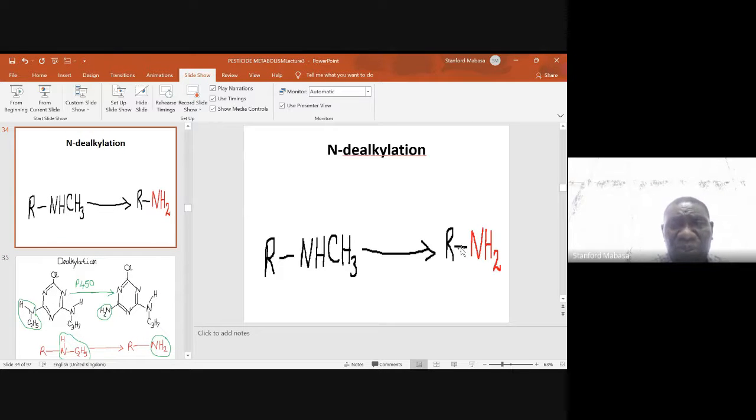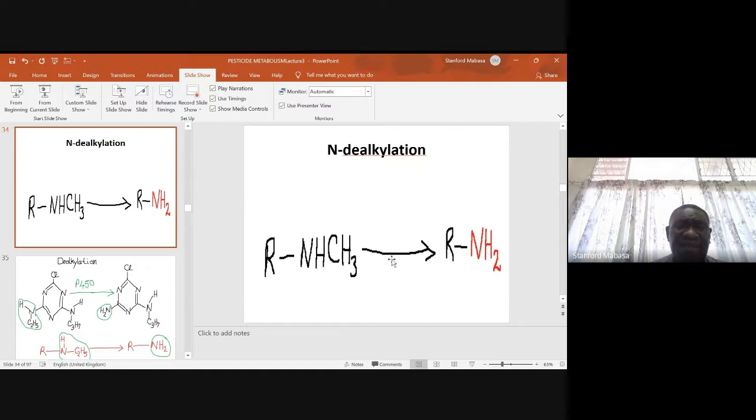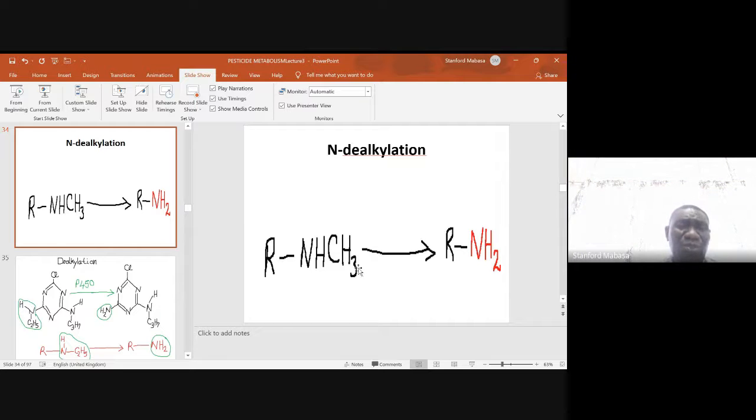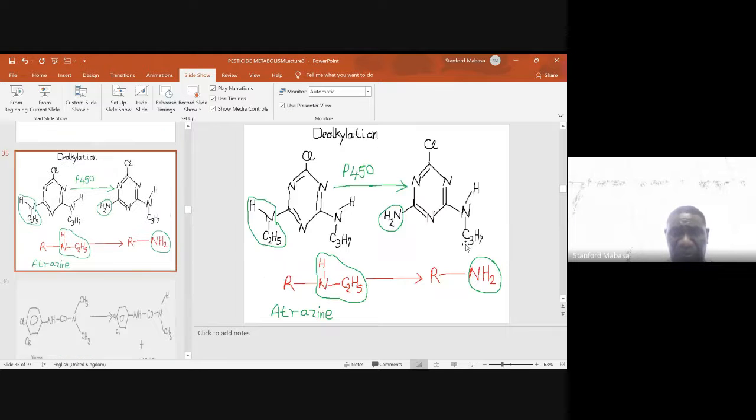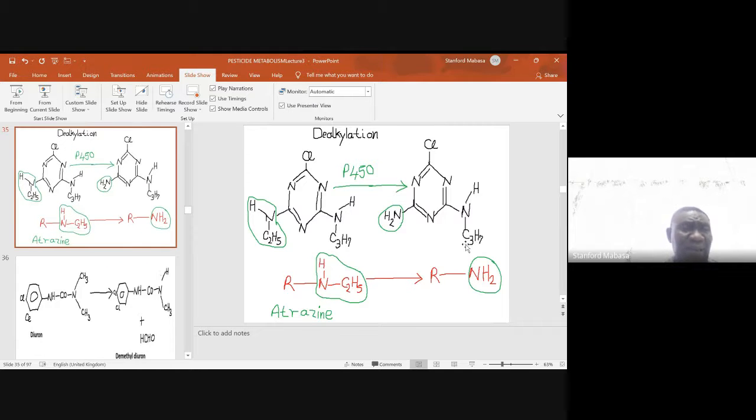Then there's what we call N-dealkylation. This is the removal of this group. It could be the methyl group attached to nitrogen and to the rest of the molecule. Then we end up having an H2. This can happen to atrazine.